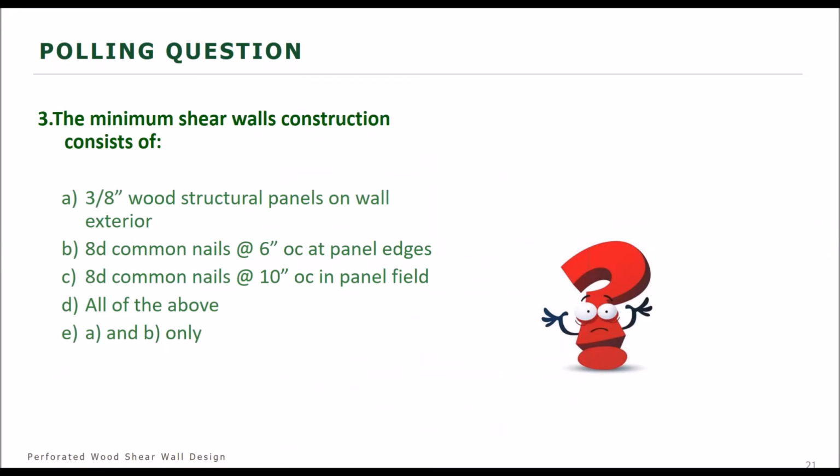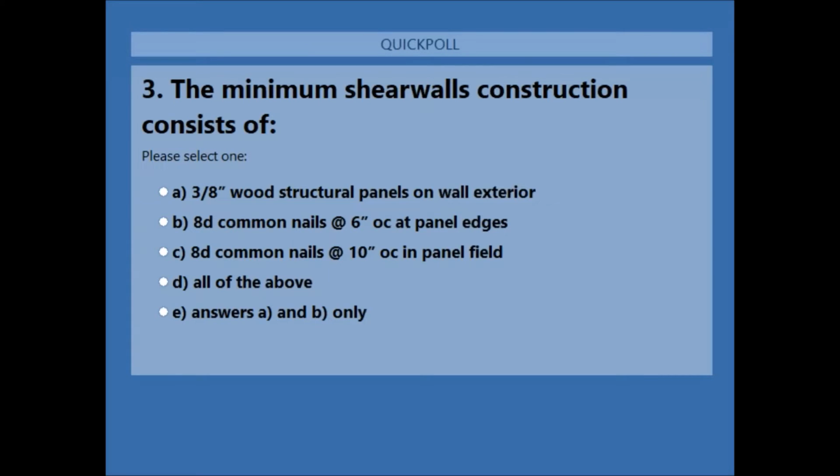So we're going to jump into another quick poll question. This one talks about the minimum shear wall construction. This is in reference to that Wood Frame Construction Manual baseline wall that I was talking about. I brought it up so that you'd have a little head start while Lori was chatting.